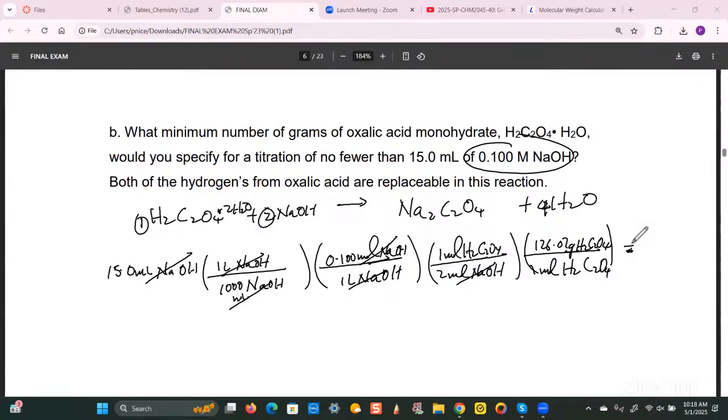Okay, so according to my calculation, this works out to be, when we round it to 3 sig figs, 0.0946. And that's basically half oxalic acid, H2C2O4 dot 2H2O. And I should have included dot 2H2O here. All right, so that's basically how that is done.